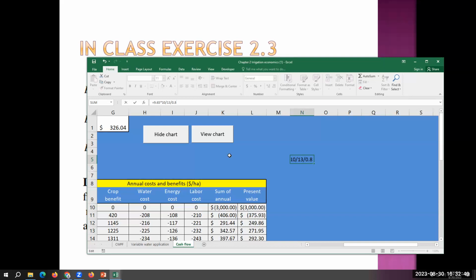And there's 10% downtime, right? So then we divide by 0.9. So your rule of thumb might be 10.3 gallons per minute per acre.